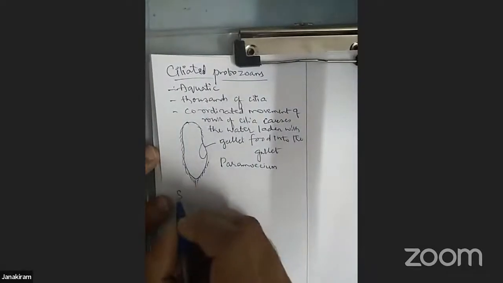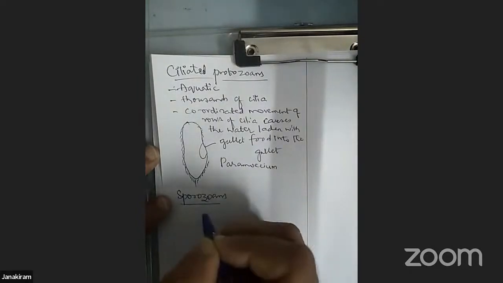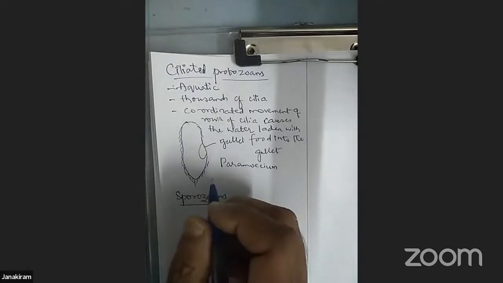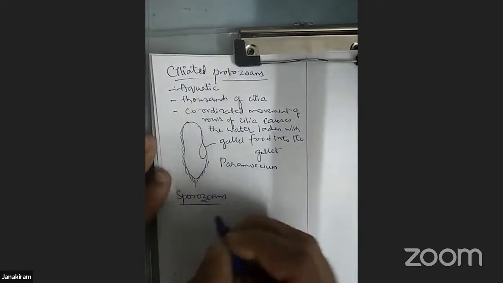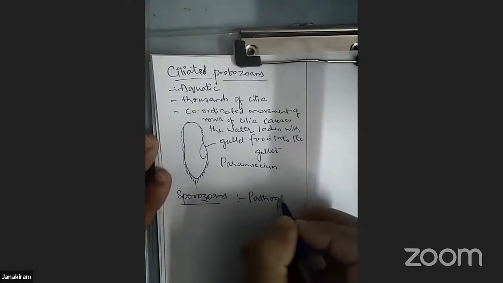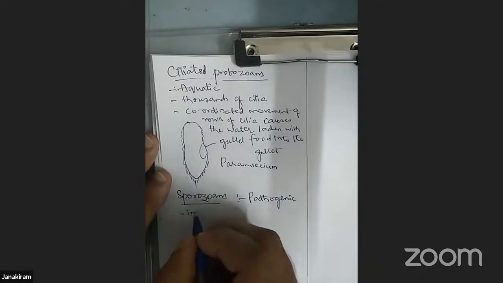Then coming to the sporozoans. Sporozoans are considered to be pathogenic in their nature. They are diverse organisms which are infectious. Okay, these are pathogenic, that is disease causing, and they have an infectious stage.